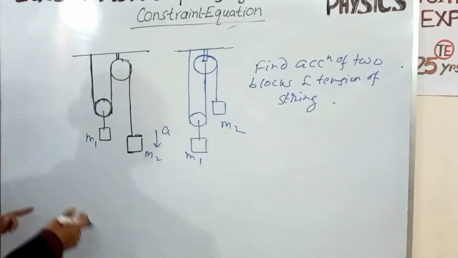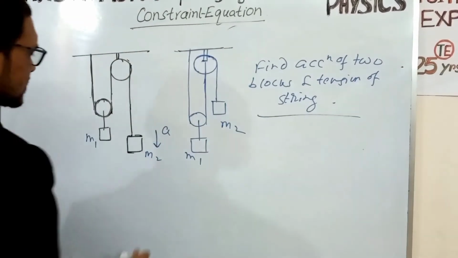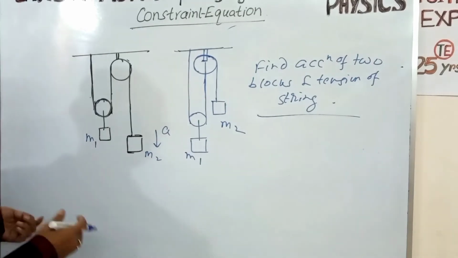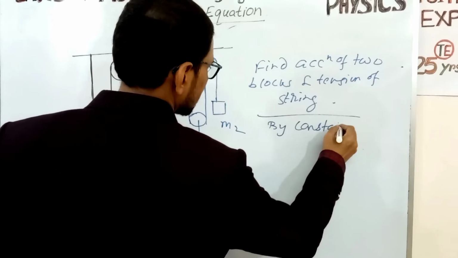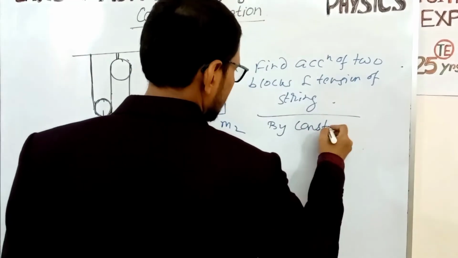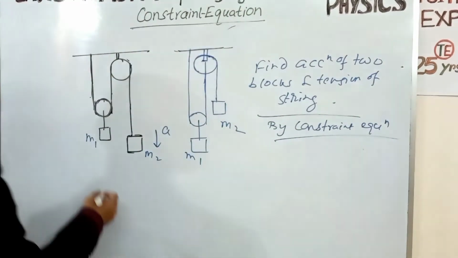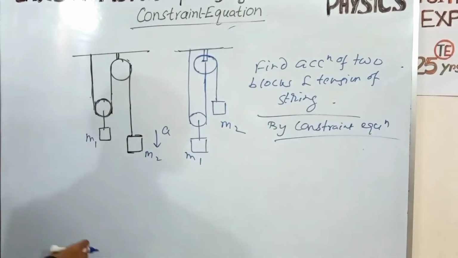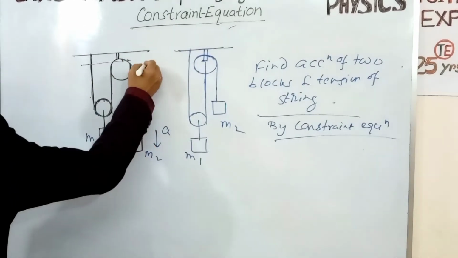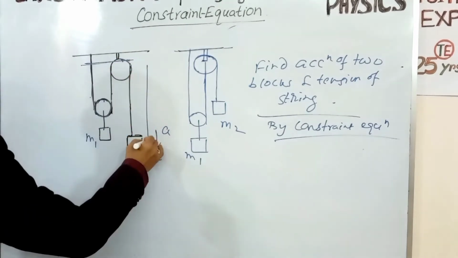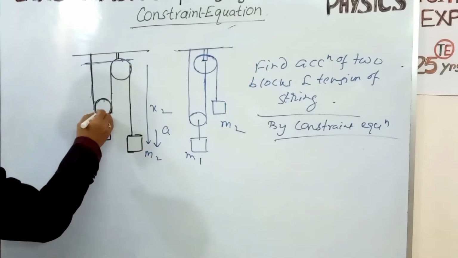and we will explain why the acceleration is not the same, first by the constraint equation, then by the general concept. So by the constraint equation, we can explain why the acceleration of this block and this block is not the same. Suppose at any moment the distance of this block is x2, and this block is x1.